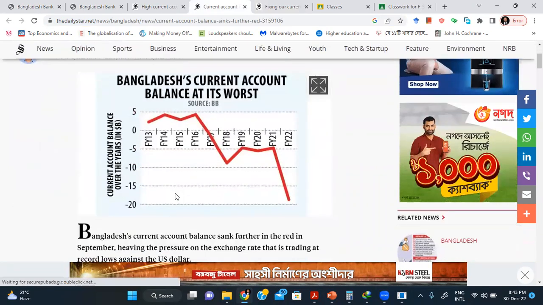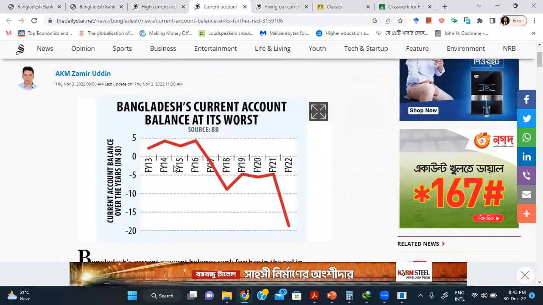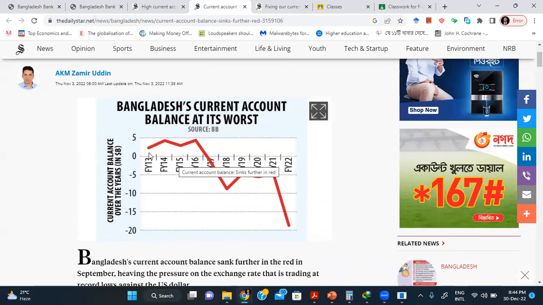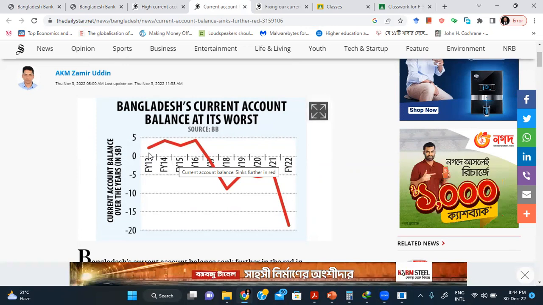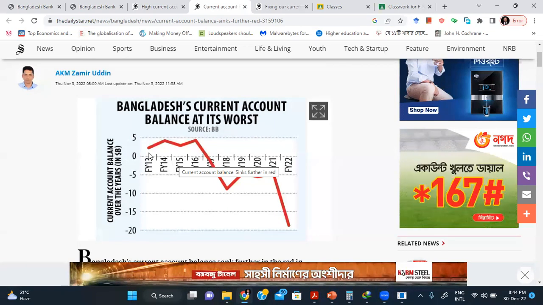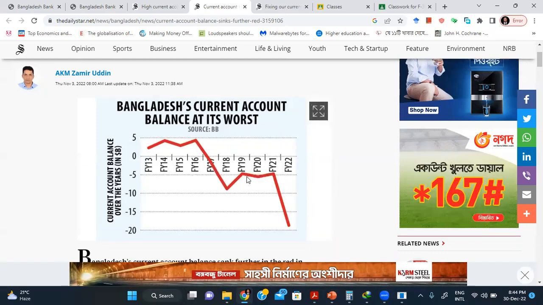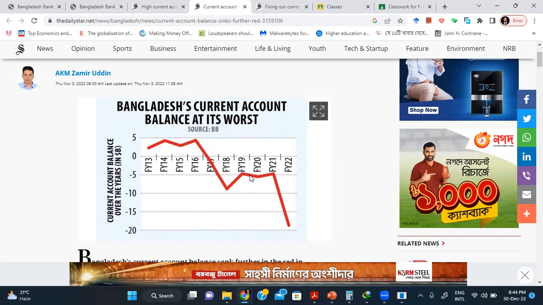So current account balance. So this figure is misleading, because this is not in terms of the GDP. As long as the figures are not reflecting relative to some numbers like GDP, the absolute figure does not tell you something very intuitive.